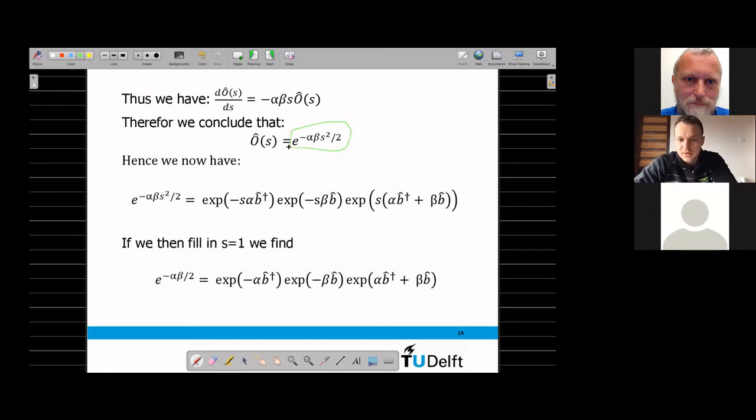It's an exponential, a Gaussian, with respect to s squared. With respect to s, sorry. So it's a Gaussian function. And we write down again the definition of the operator O on one side.